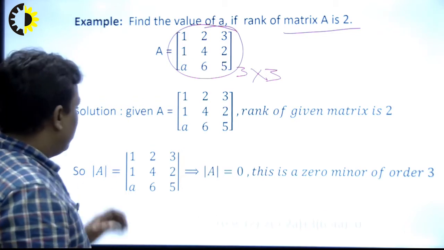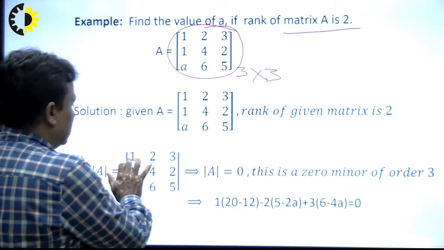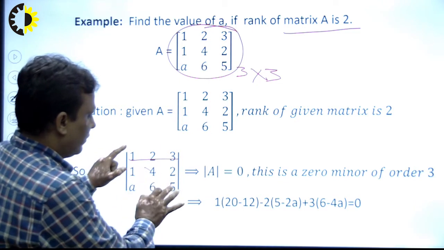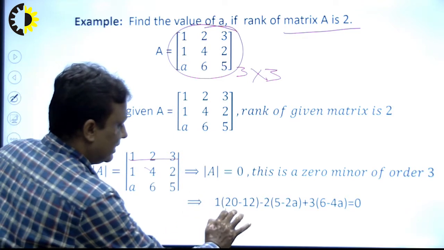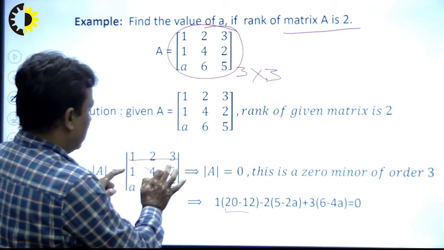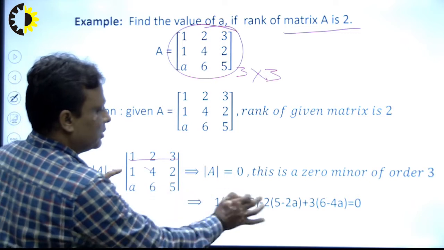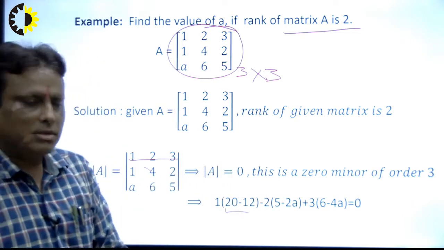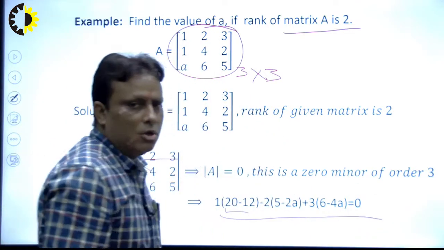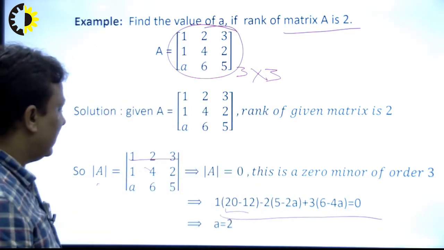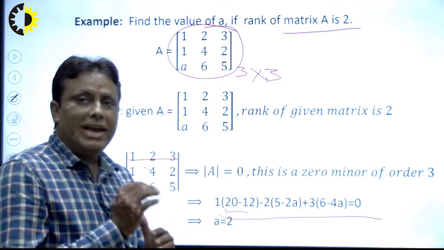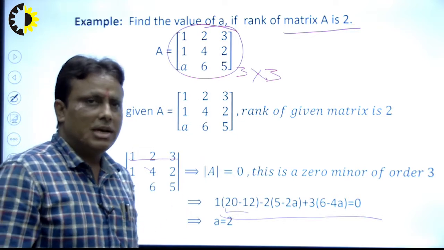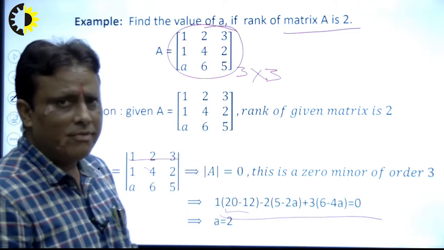By expansion along the first row, students know how to expand the first row: 1 times (4 times 5 is 20, 20 minus 12), and this is minus 2 times (5 minus 2a plus 3, 6 and minus 4). If we calculate this, we find the value of a is equal to 2. If a is equal to 2, the rank of this matrix will be 2. This is the criterion to solve such type of problem.